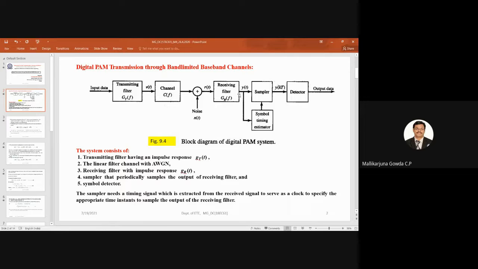From the received signal only, this circuit will be able to extract the clock and find out the duration of the received signal. So it will be sampled at that duration.